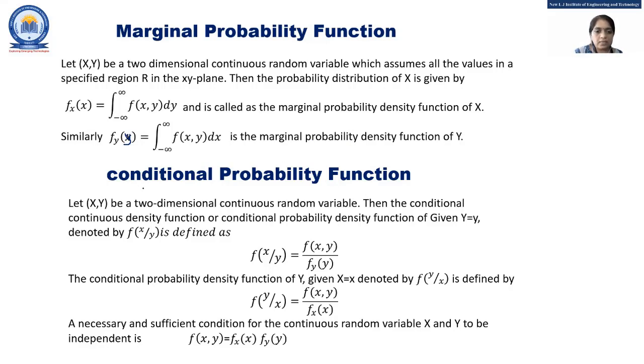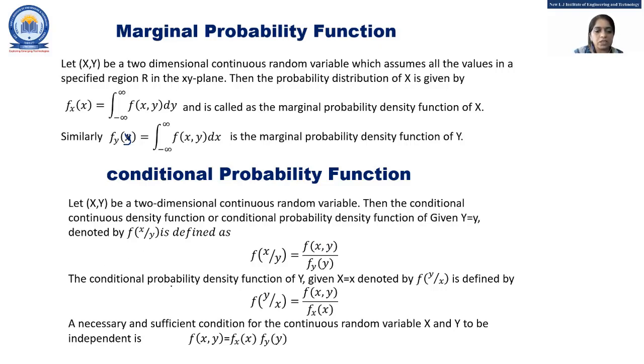The next topic is the conditional probability function. Let (X,Y) be a two-dimensional continuous random variable. Then the conditional probability density function of X given Y equal to small y is denoted by f(x|y) and is defined as f(x|y) = f(x,y) / f(y) for all y.